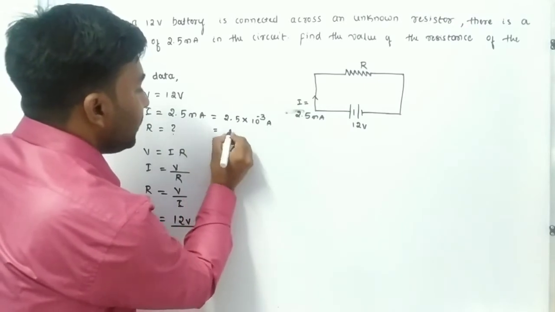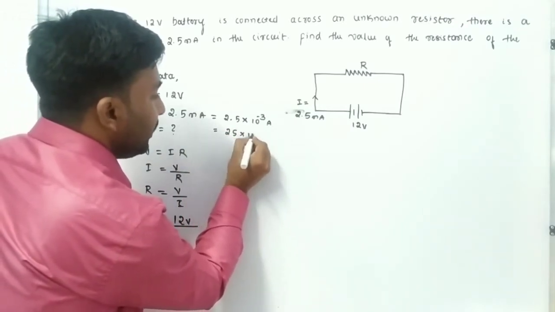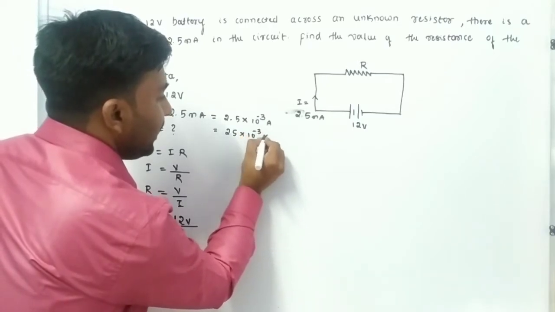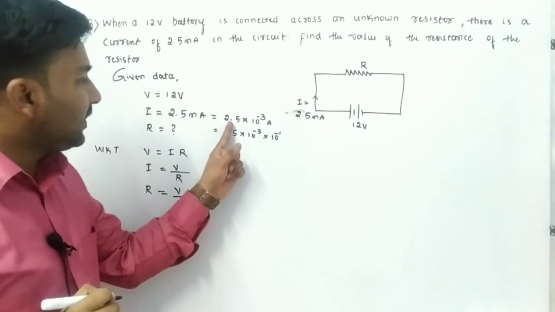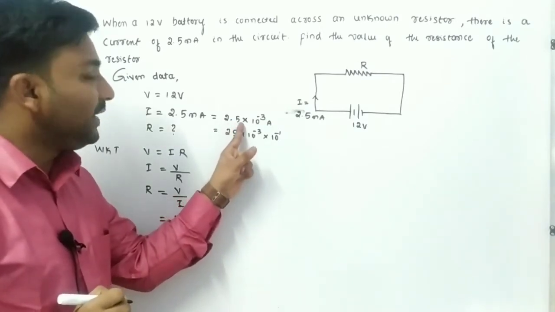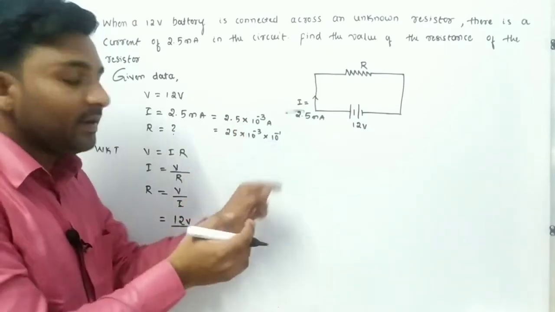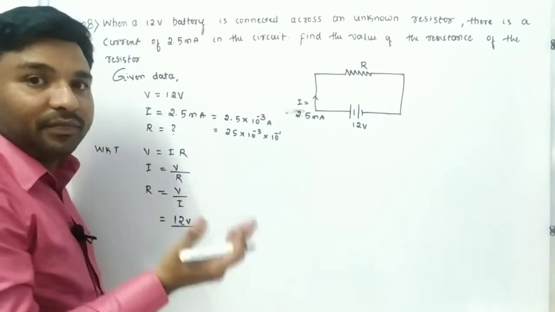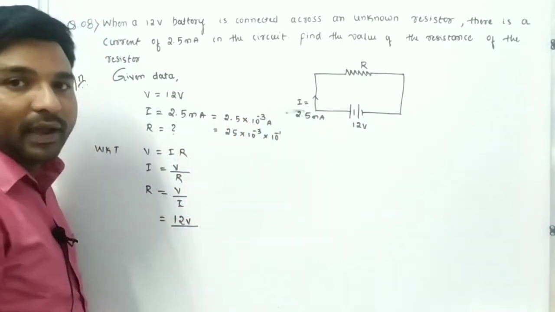It can be written as 25 into 10 raised to minus 3 into 10 raised to minus 1. Why? Because I have shifted the point one digit in the forward direction. Whenever you shift the point forward, however many digits you have shifted, you multiply by that power, that is 10 raised to minus 1.